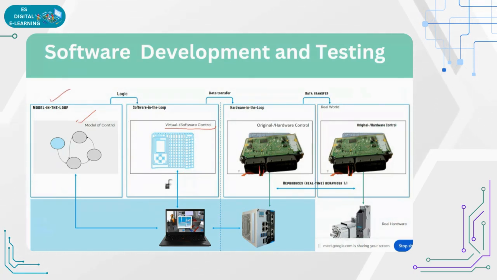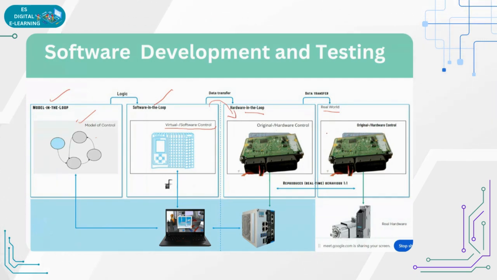First the modeling loop, then software in loop: whatever logic we made will be converted to software in loop. Once this is completed, the software is ready, and we just transfer it into the hardware. That is called hardware in loop, and when this is working, we'll give it to the real world.